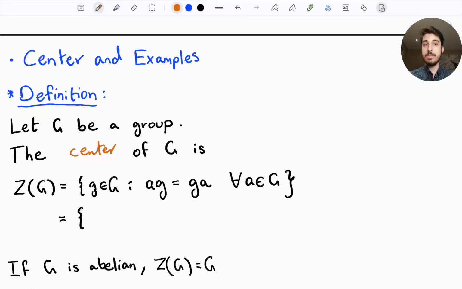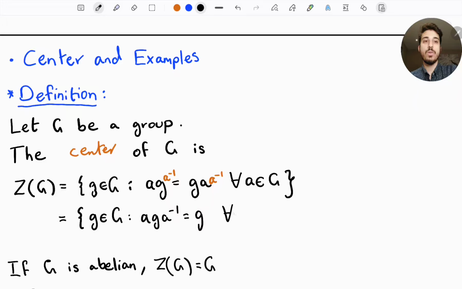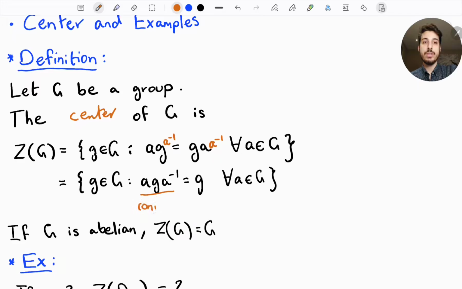If we apply A inverse on both sides, then we find that this is the set of all g in G such that A g A inverse is equal to g for all A in G. So if you remember the term conjugate from our lesson in symmetric groups, lesson 5, this is the conjugate of g by A. The conjugate of g by A is exactly equal to g no matter what A was in the entire group. So this is also another definition for the center.